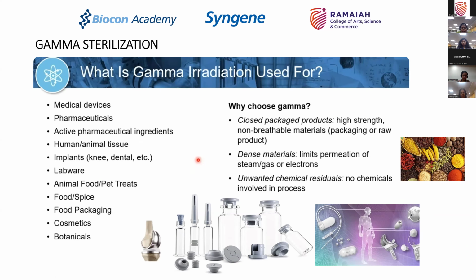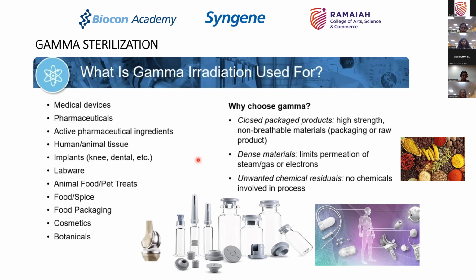In pharmaceuticals, of course, we've seen gamma irradiation of final products already packaged. We've also seen the usage of it on the components which are used in the pharmaceutical industry. Human and animal tissue, if there are contaminated tissues, a human tissue or an animal tissue, can be subject to gamma irradiation to sterilize it.